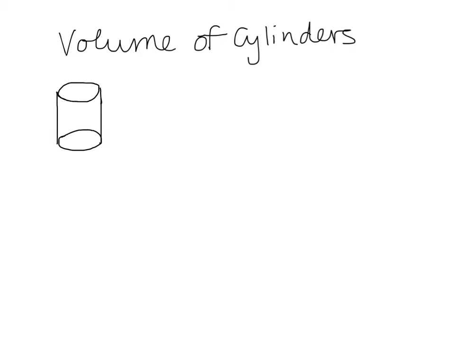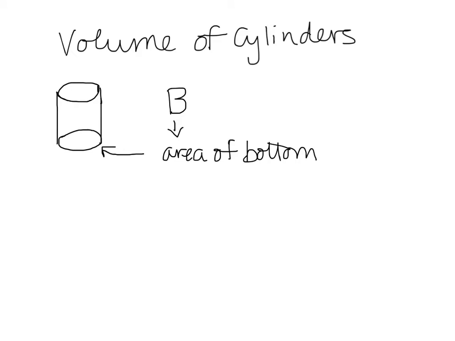Just as we were saying yesterday, the volume of a prism is always the area of capital B base, meaning the area of the bottom, which in this case, if it's a circle, we know is radius squared times pi. And then once we have that area, we multiply it by the height.